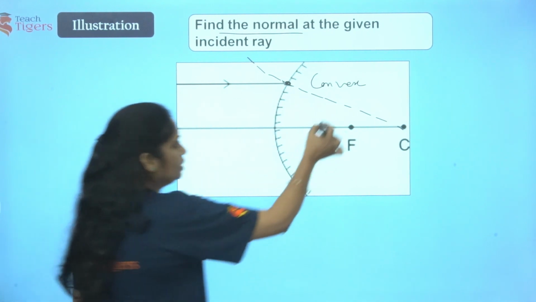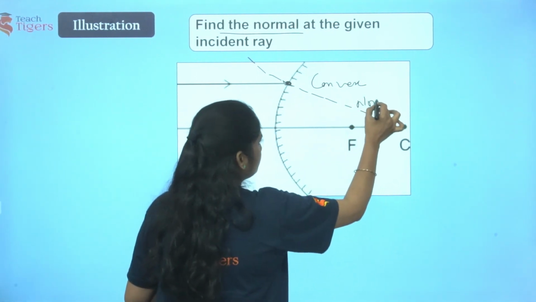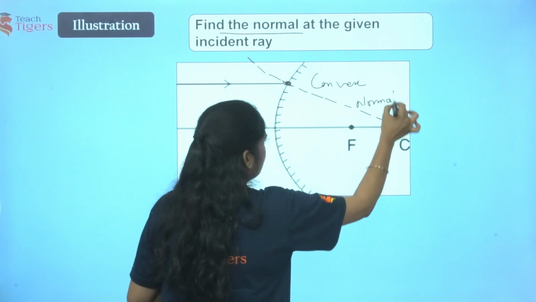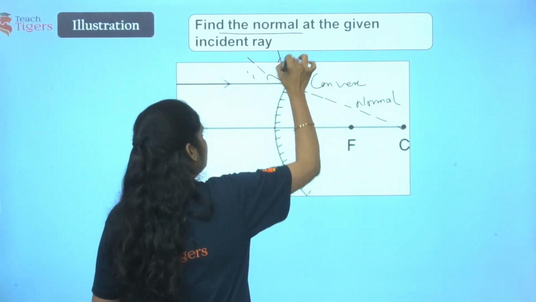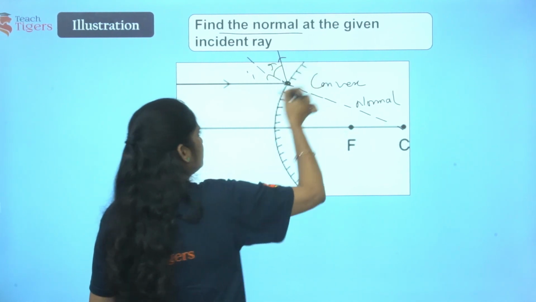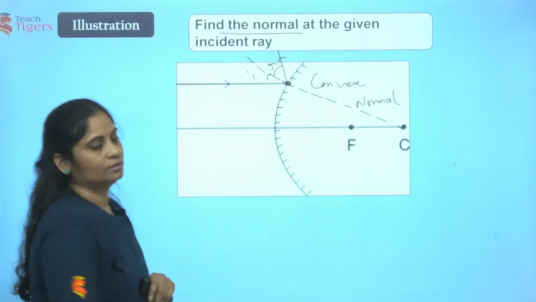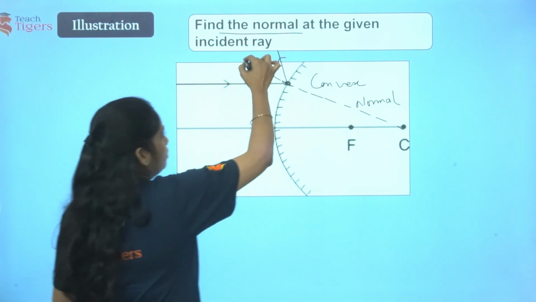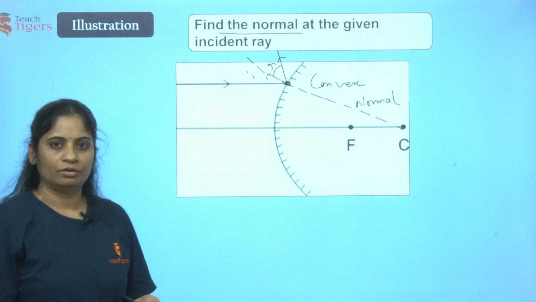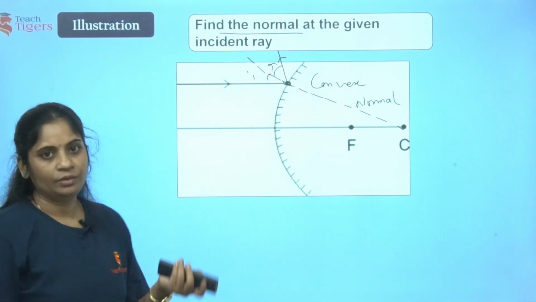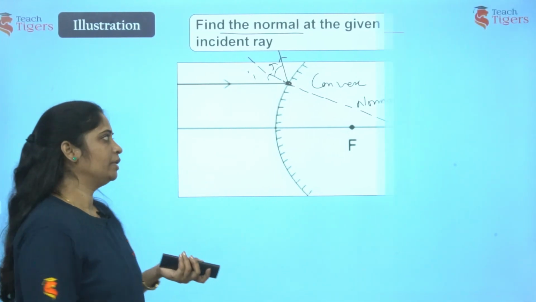Now you know the normal. This is the normal line. Now you can easily measure the angle of incidence, and the angle of reflection also, right? So this is the normal for this ray which is incident on the convex mirror. Now for any ray you can easily draw the normal.